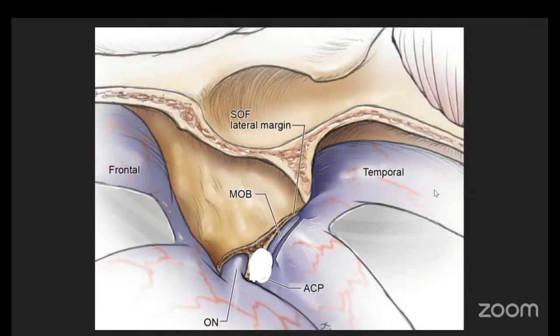The safest approach is to thin it completely till there's a very thin layer of bone left that can be taken with the help of rongers, and then you take it bit by bit gently away from the ICA. And once you have taken this away, you're going to see the extradural clinoidal segment of ICA directly, and you're also going to see the optic nerve.